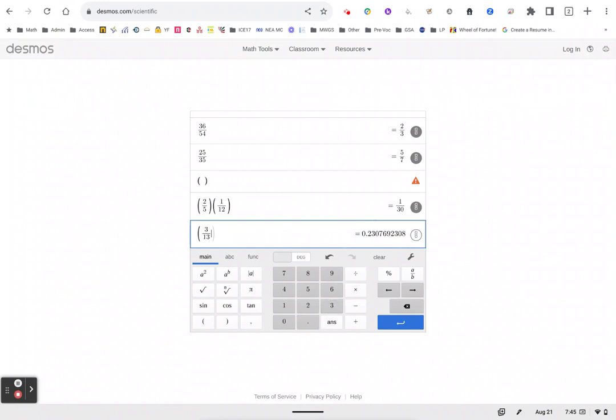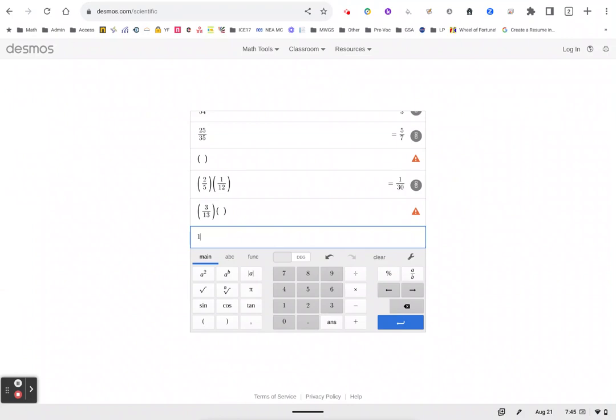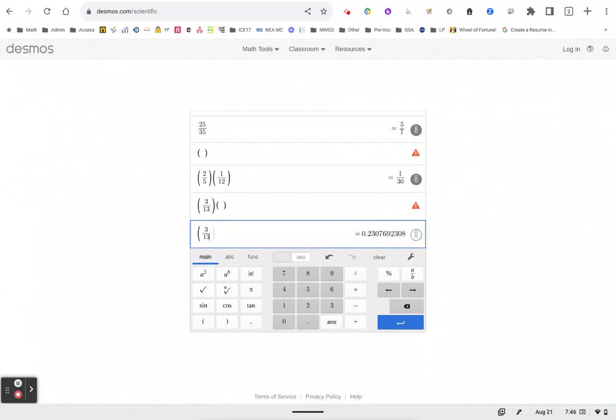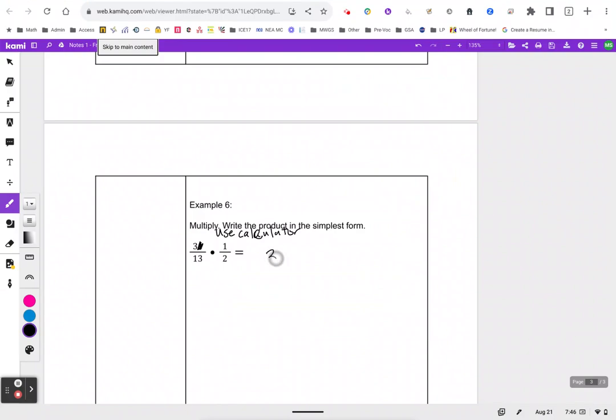You can click this over button, end your parentheses, open a new one, and do 1 over 2. Oh, I've got to start over. 3/13 times 1/2. I make that a fraction, and it's 3/26. So that is my answer, 3/26. Put a box around it, and I'm all done.